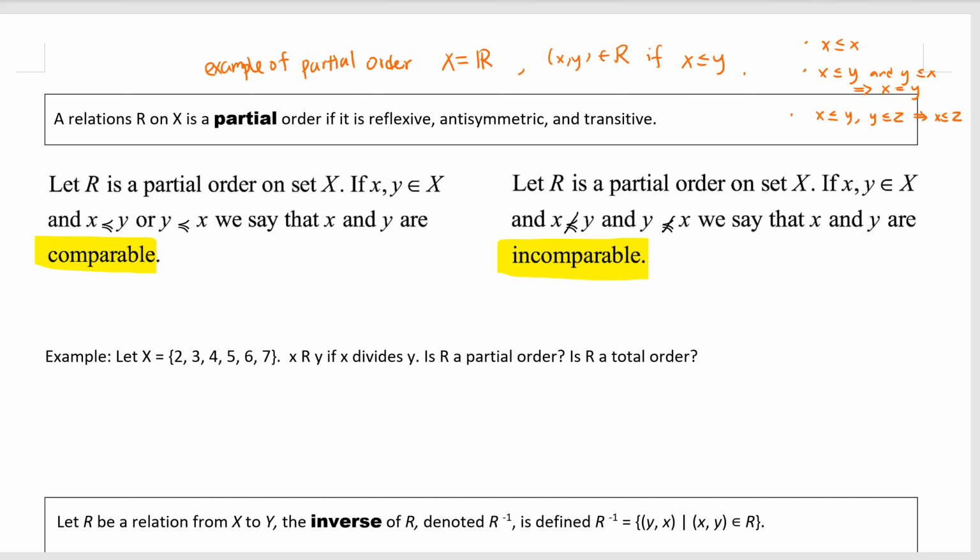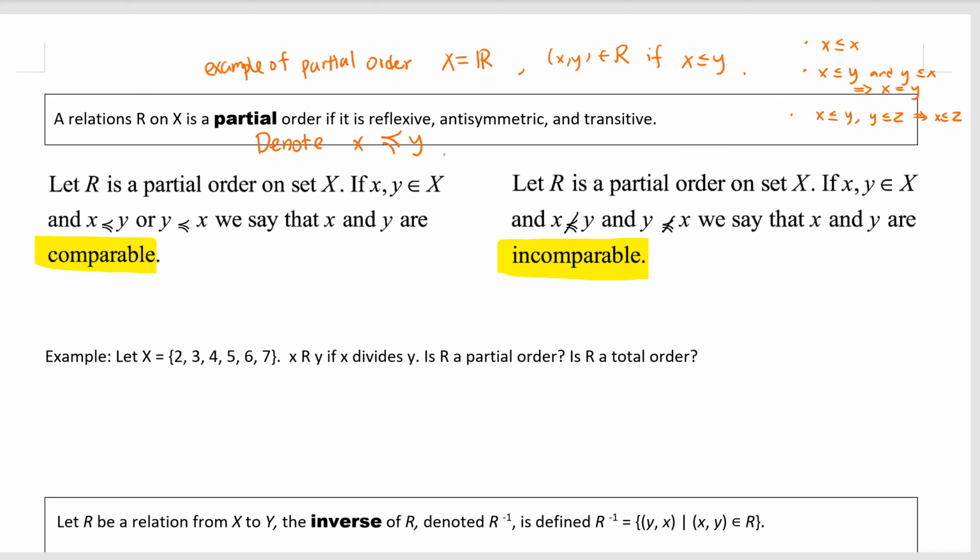So this is an example of a partial order, and that's why some textbooks use this notation to denote the partial order. This symbol really looks like less than or equal, isn't it? But the symbol is more curvy compared to the less than or equal symbol.